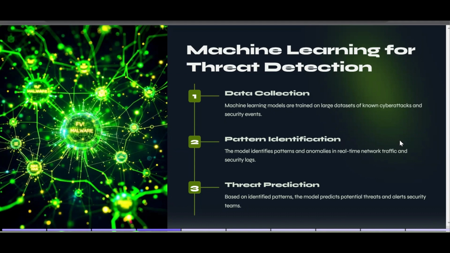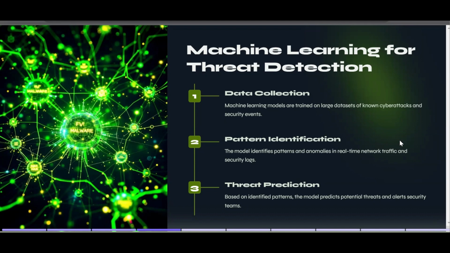Because machine or AI or machine learning itself doesn't know whether it's really a threat or whether it's really basically an attack or a malicious thing. But it would base the predictions on its pattern identification and the learning which it has from previously, when we have trained it on different data sets so that it could identify the patterns.